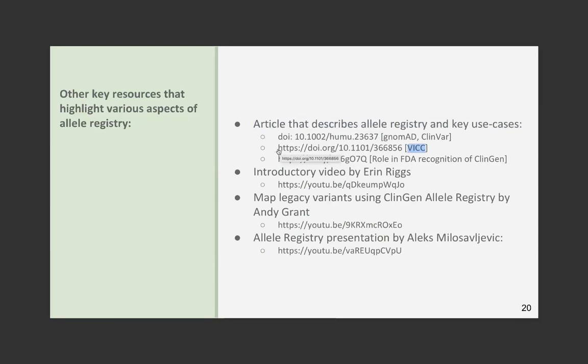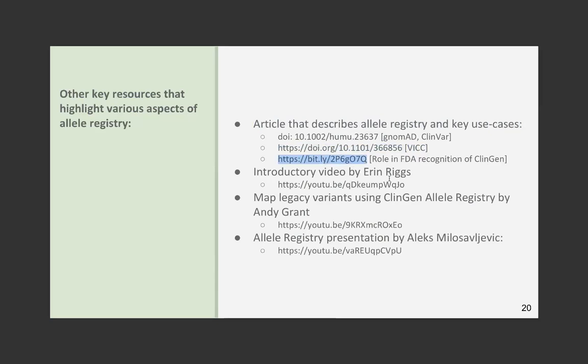It is a very good paper, and it shows how the Allele Registry is useful in collecting information from the 6 cancer-centric resources. Here, in this article, we show the FDA recognition process of ClinGen database highlights. This document highlights the role of the ClinGen Allele Registry provided identifier.